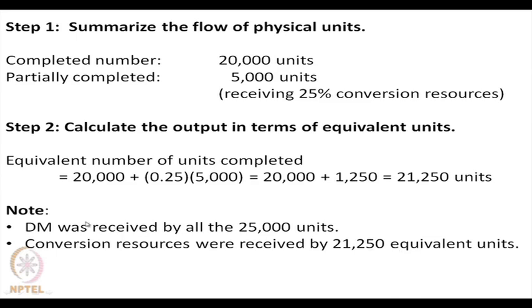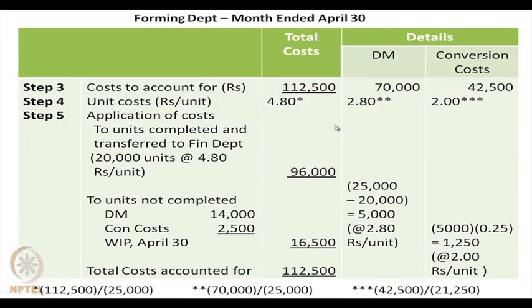The direct material was received by all the 25,000 units, whereas only 21,250 equivalent units received the conversion resources of labor and other power and other resources, indirect resources. Once we know this, we can then go for forming departments month ended April 30th.